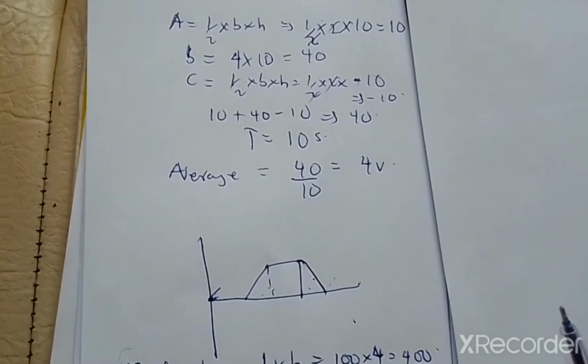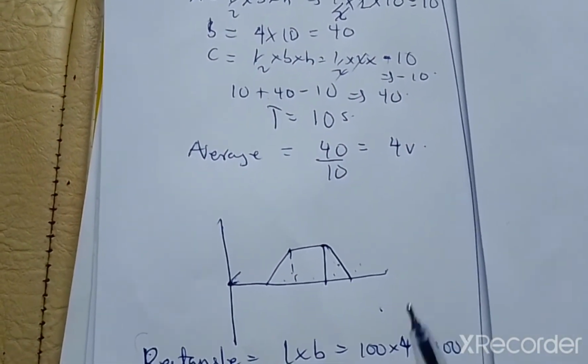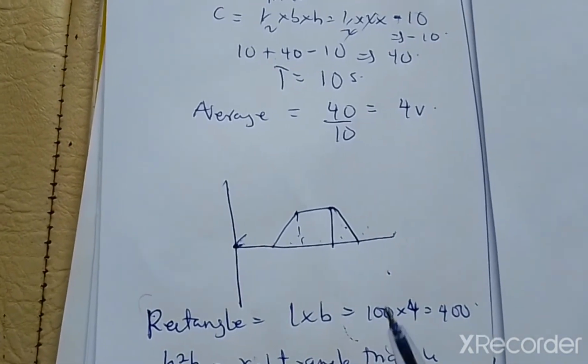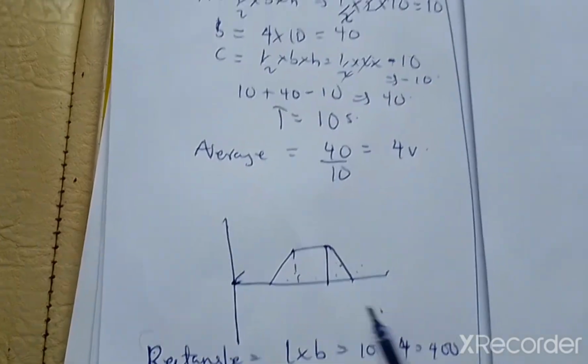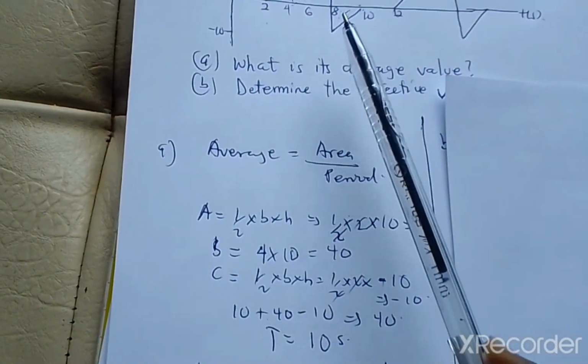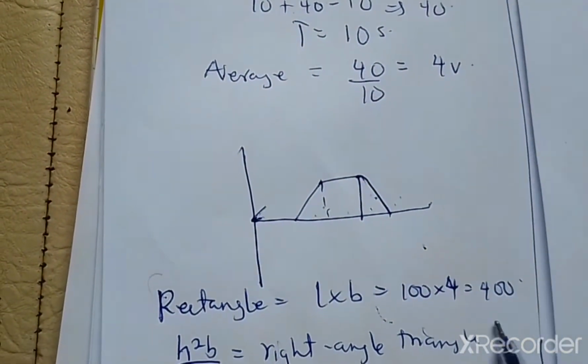So from here, you are going to find the area under the squared cycle. For the rectangle, it is LB and the height is now 100, not 10, because it has been squared, times 4. The 4 is still the base, that is from 4 to 8. So we get 400 here.